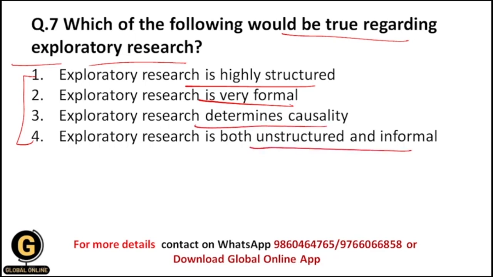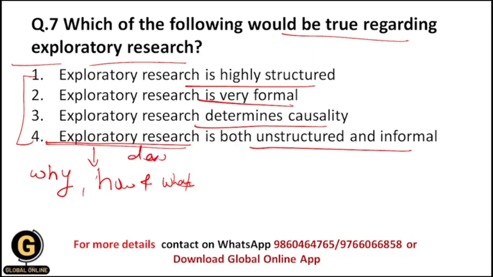As I have told in the previous question, exploratory research is incorporated so that we get the answers to the questions why, how and what. So basically whenever I have very basic information about the overall research topic, then I will follow exploratory research so that I will get information about further research, and I will understand how I am going to deal with further research, okay, and that's why within exploratory research I am going to develop the hypothesis.